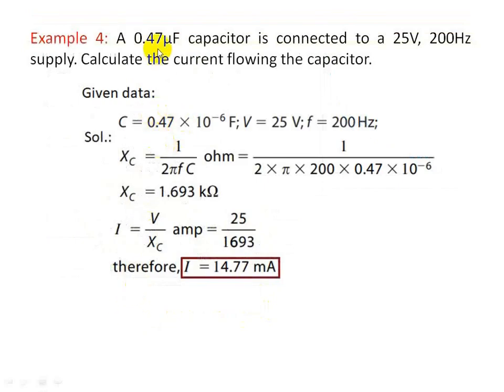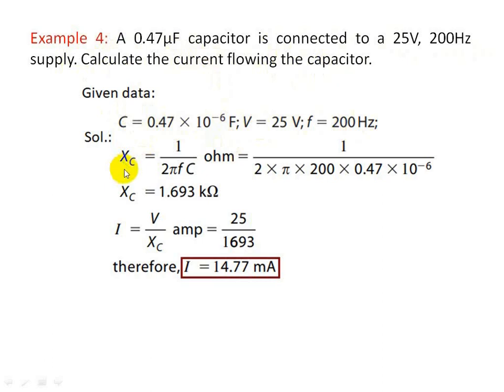Let us see this problem. A 0.47 microfarad capacitor is connected to a 25 volt, 200 hertz supply. Calculate the current flowing in the capacitor. The data given is C is 0.47 microfarad, the supply voltage is 25 volts, and the supply frequency is 200 hertz.